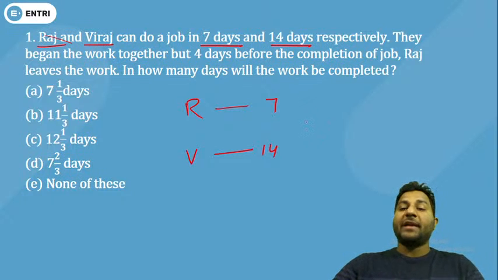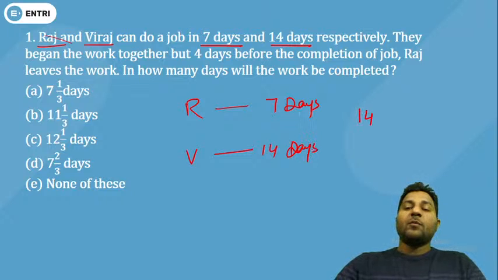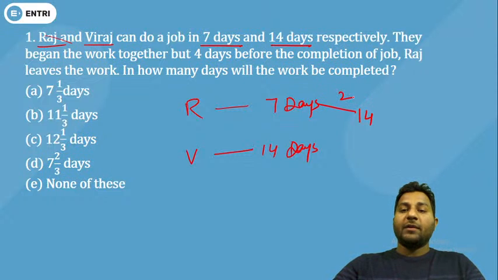But first you need to find out the efficiency. 14 will be the LCM of 7 and 14. So total work would be 14 and the ratio of efficiency of Raj and Viraj would be 2:1.